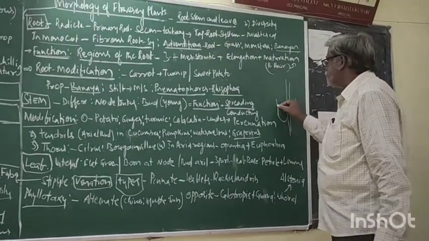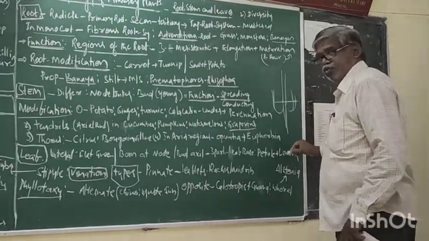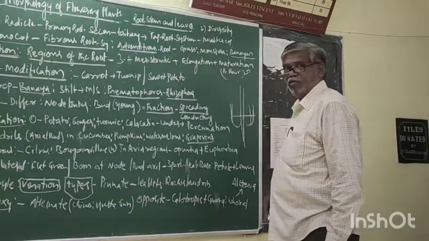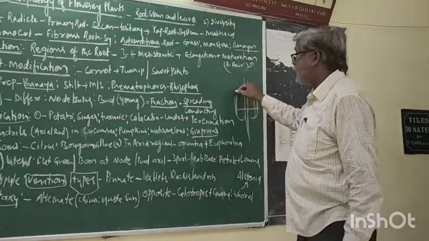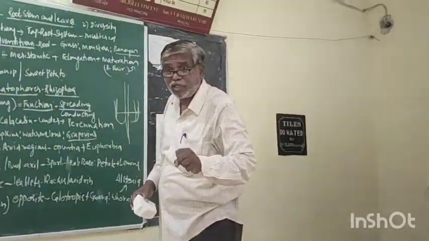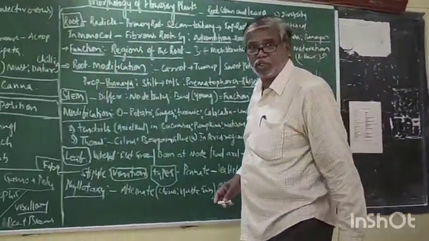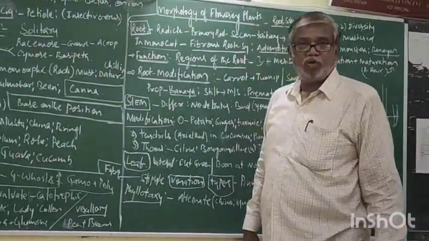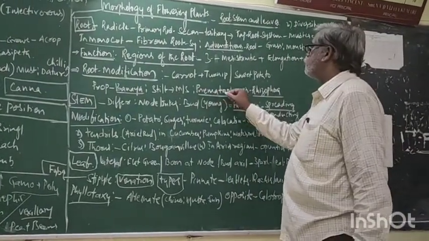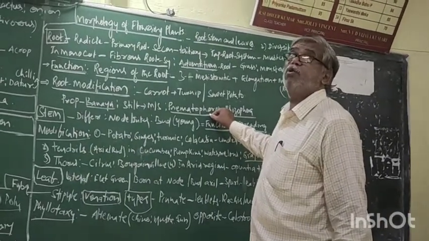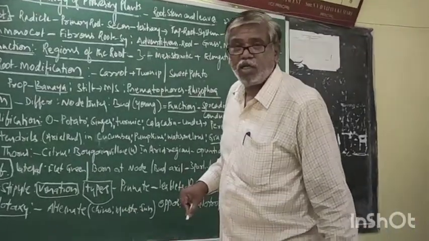That means these lateral roots from the primary roots come outside and are exposed to the atmosphere and help in absorption of oxygen. Hence, this root functionally helps in respiration. The roots which help in respiration are called pneumatophores. Plant is rhizophora. Function is respiration.